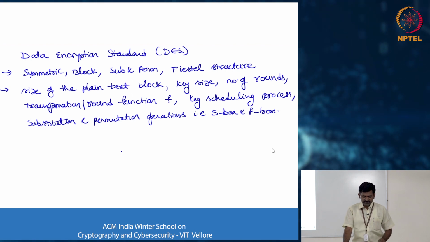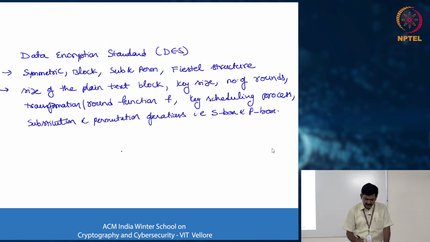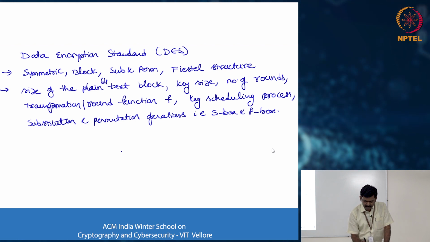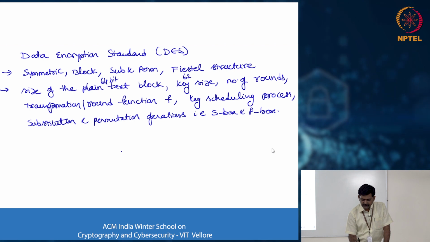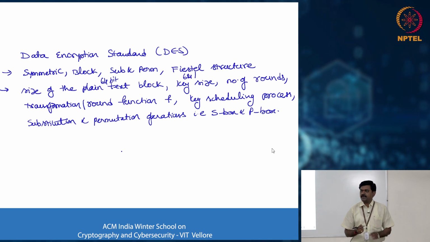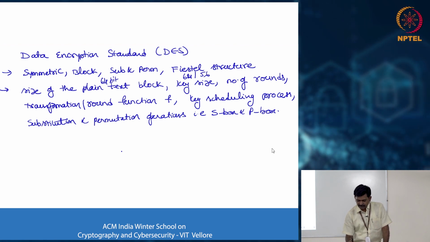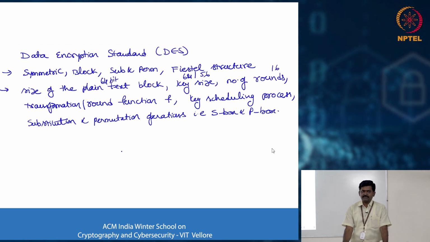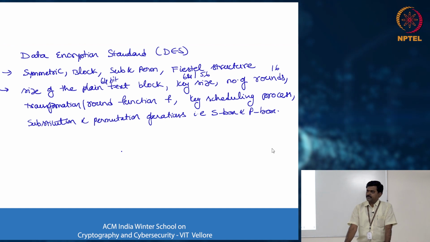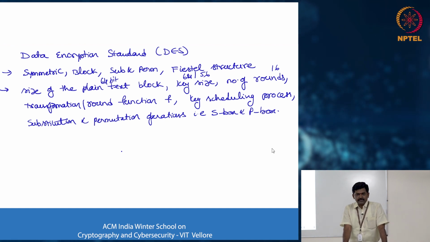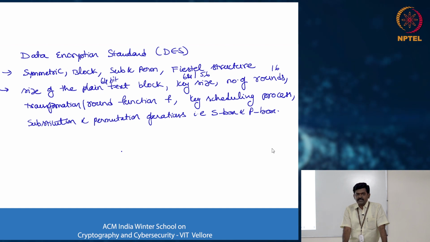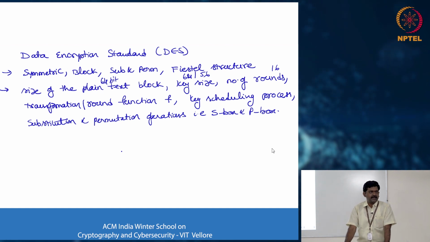These are the points which we need to look at in the DES. Number one, size of the plain text block. We said it is 64-bit. Size of the key is 64, and then it gets reduced to 56, right? Number of rounds we identified is 16. Then we are going to talk about the round function. In the round function, what are the operations we have?